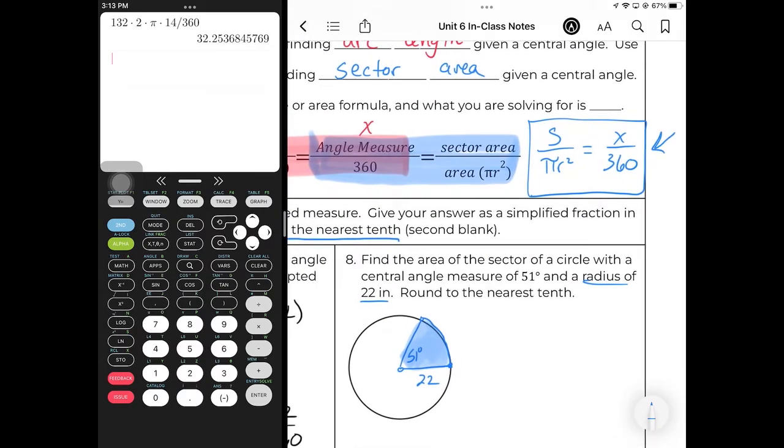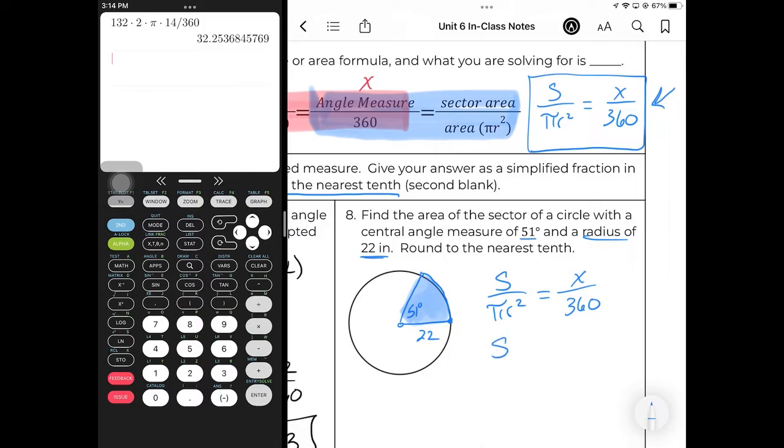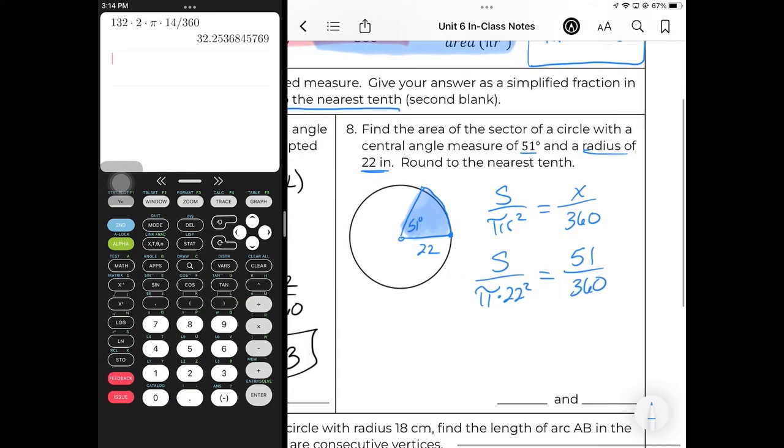And I can find the area of that by using this formula. S out of pi r squared has to equal x out of 360, where x is 51, and I already know r is 22. So I'm going to fill that in. S over pi times 22 squared equals 51 over 360. And we cross multiply again, giving me 360 times s.